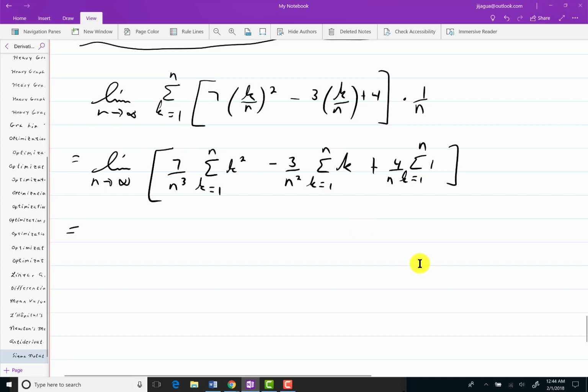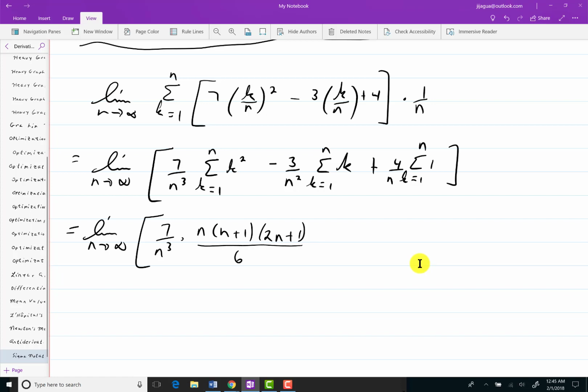This equals the limit as n goes to infinity of 7 over n cubed times n plus 1 times 2n plus 1 divided by 6, minus 3 over n squared times n plus 1 over 2, plus 4 over n times n.